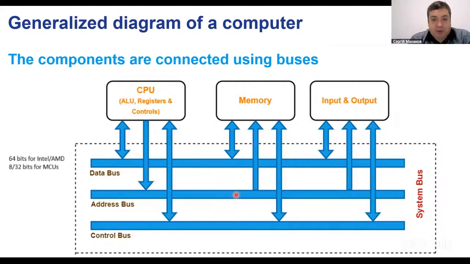You can understand that the more bits our address bus has, the more memory cells we can address, and the more RAM, for example, we can install in our computer. So this is why it is important to understand the address bus bits.